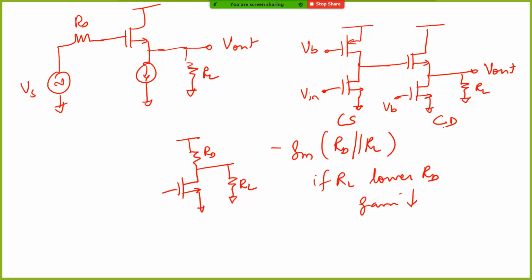But if not too much current is required, you use a common drain stage. The common drain has two major functions: one is to act as a voltage buffer, and the other is to act as a level shifter. This is very routinely used, especially when you have an op-amp. This we'll be doing in the next few classes.